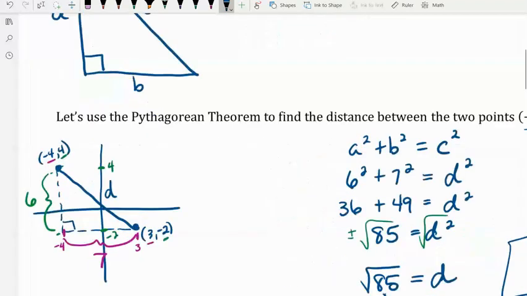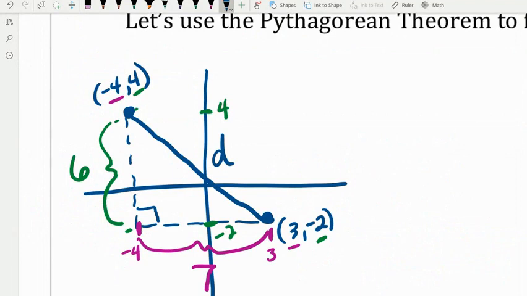That works up here, right? If I look at this one, if I take the y value of 4 here and I subtract my y value of -2, 4 minus -2 equals 6, right? Same thing with the x's. -4 minus 3 would give us -7. But here's something to think about. We don't want to have negative distance, right?